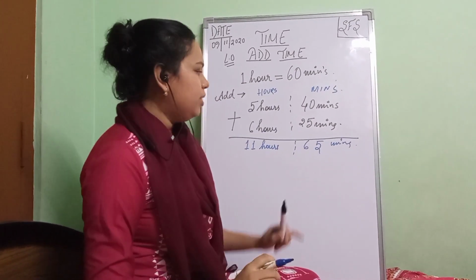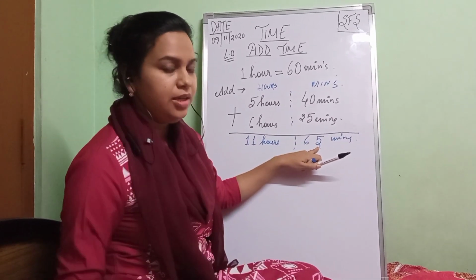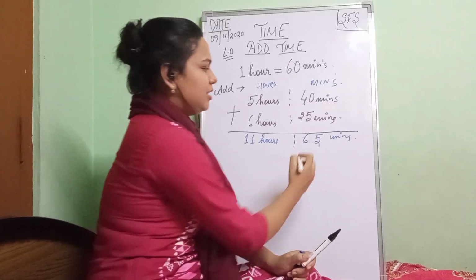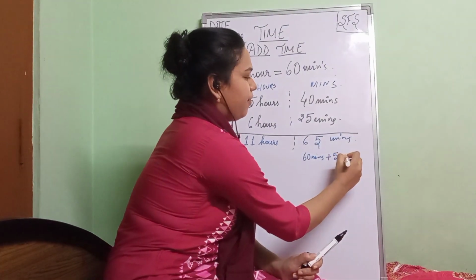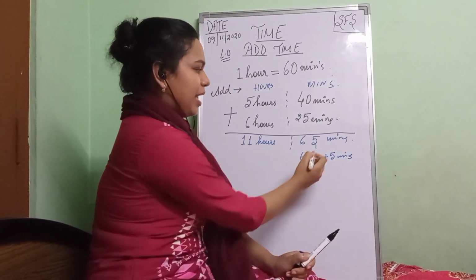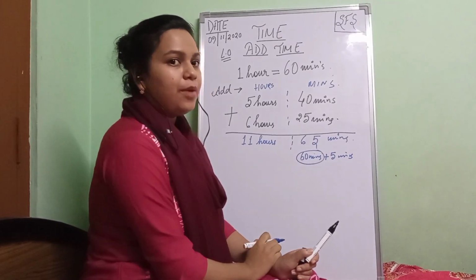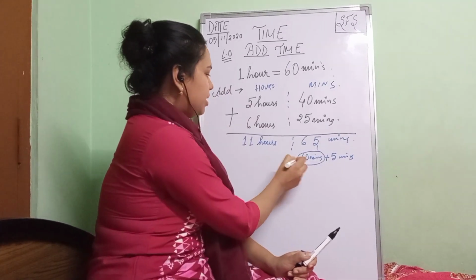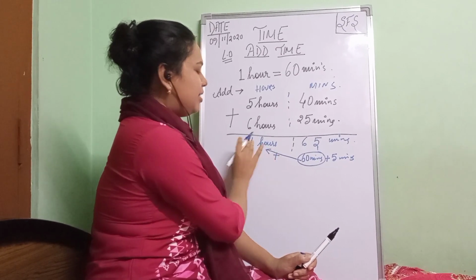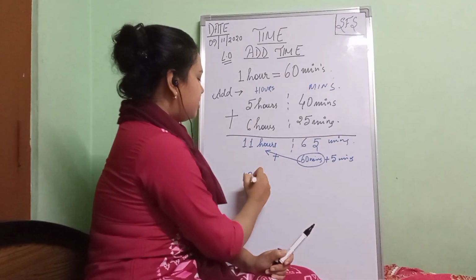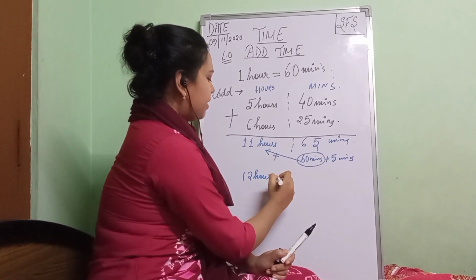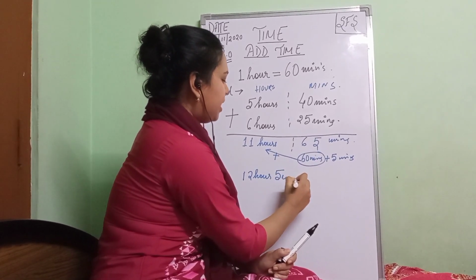Again, note, children, 65 is more than 60 and 65 can be written as 60 minutes plus 5 minutes, right? And 60 minutes is equal to how many hours? 1 hour. This 1 hour gets added in the hours house. Okay. So finally my answer is 12 hours and 5 minutes.